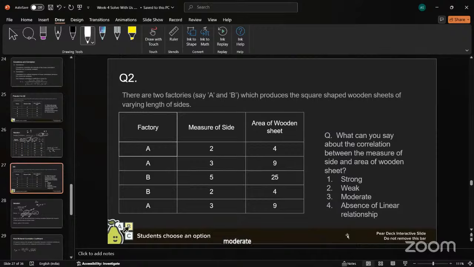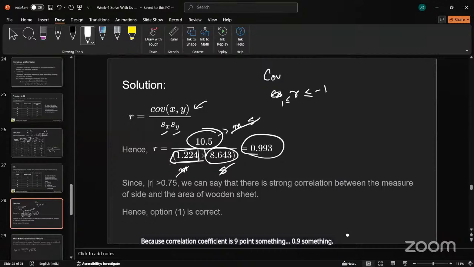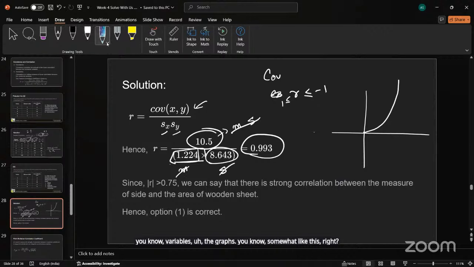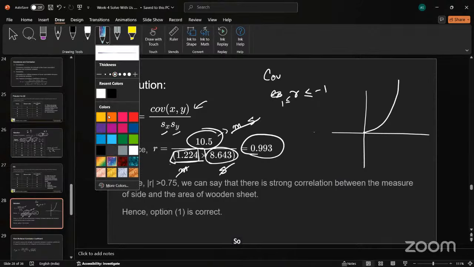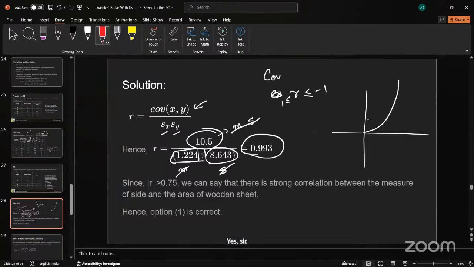Moderate comes in between the range. But still, sir, the linear relationship is also very strong because the correlation coefficient is 0.9 something. Yeah, exactly. The graph is somewhat like this, right? So the linear relationship will look like this.